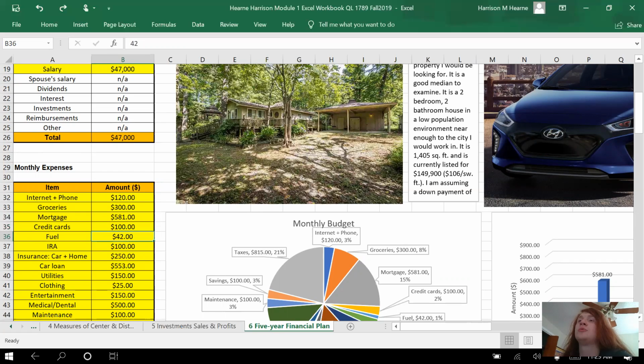Fuel, I would be spending roughly $42 a month on fuel. Now for people who own a car, like I myself own a car now, and I definitely spend more than that on fuel in a month. So you may be wondering, why is that so cheap?